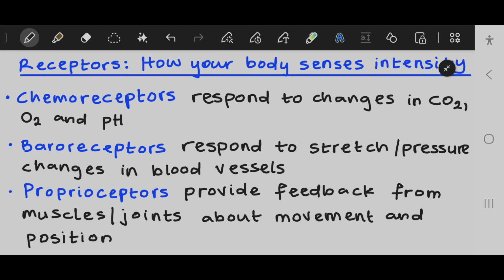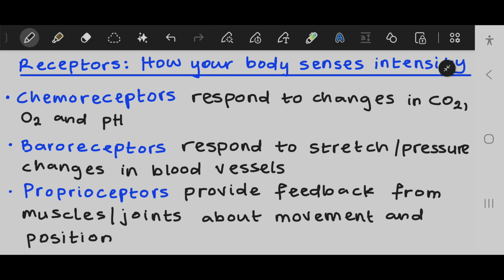We want oxygen to be able to come out from the blood and enter the muscles more easily. So these are the three receptors you need to know: the chemoreceptors, the baroreceptors, and the proprioceptors, which detect different things. And these are their definitions here.